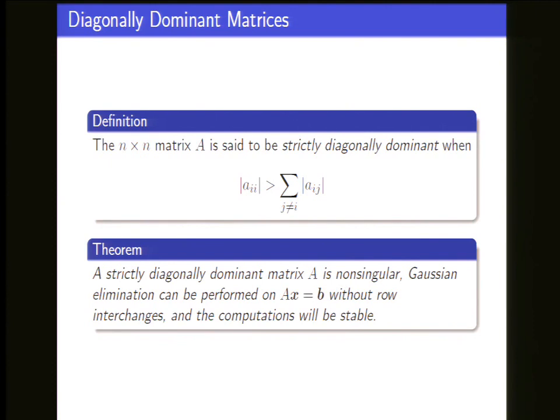So the triangle inequality says that you put absolute values on everything, and of course, the absolute value of a product of two numbers is the product of their absolute values. But now you get less than or equal to just because I split up the sum. And then you get this absolute a_kj times this absolute x_j. And these are all the j's except the diagonal.